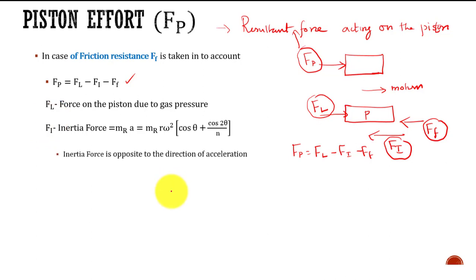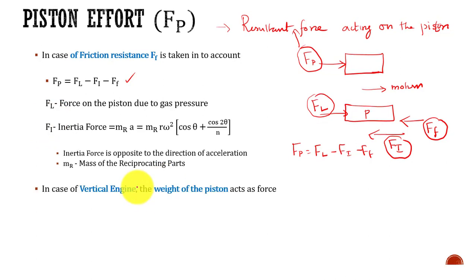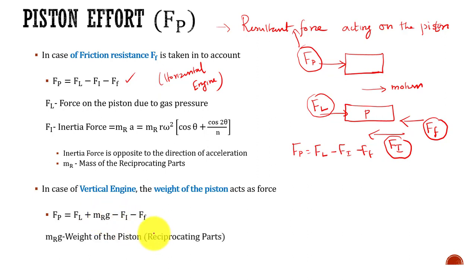Now we are going to look at this same equation for a vertical engine. For a vertical engine, I told you the weight of the piston also comes into the picture, because it is along the direction of the motion. What we have seen so far is for a horizontal engine. Here it is for a vertical engine. The one thing which comes into the picture here is the mass of the reciprocating parts and g, that is the weight of the piston or reciprocating parts.